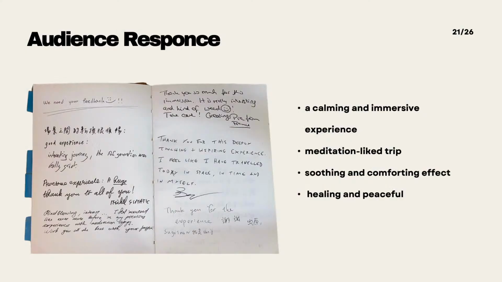So this system has been experienced by about 60 audience members from various nationalities. Most of them describe it as a calming and immersive experience. Some mention it as a meditation-like trip. And as in the example in stage 3, it shows a soothing and comforting effect, giving a healing and peaceful journey.